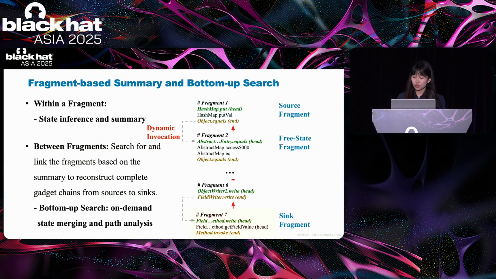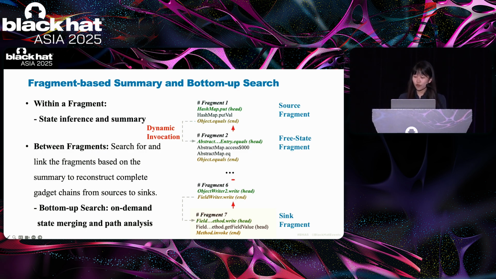However, because a chain can have many gadgets and the dynamic method calls introduce a significant number of program state branches, if we were to track all the states precisely, we would encounter the issue of state explosion. So, to avoid both path explosion and state explosion, we have designed a hybrid analysis approach.